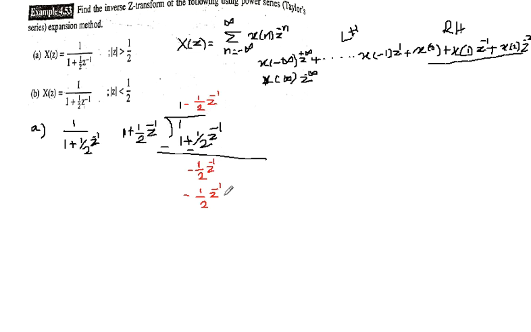And again when we multiply this, we get minus 1 by 2 into minus 1 by 2, which is minus 1 by 4 into z raised to minus 1 into z raised to minus 1, that is z raised to minus 2. Again when we change the sign, this becomes plus and the other is again plus. So it cancels and we get 1 by 4 into z raised to minus 2.